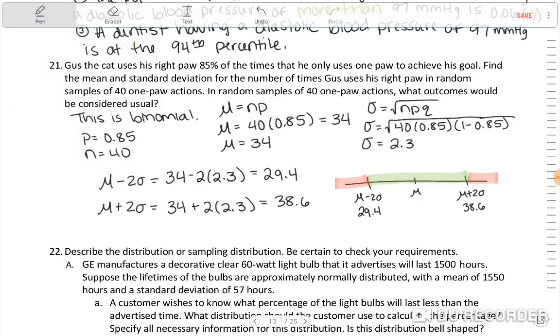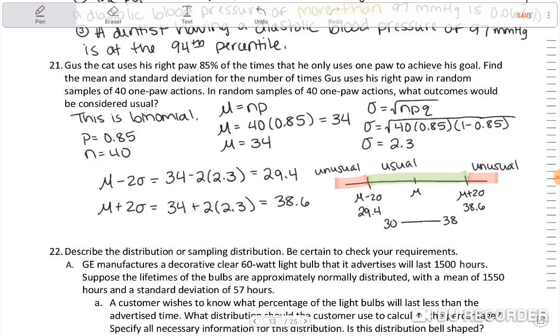Okay. All right, so the numbers between here, this is considered the usual range. This would be unusual, right? Unusual. So what numbers are between here? Well, we have 30 up to 38. So in between 30 and 38, those are going to be considered usual.